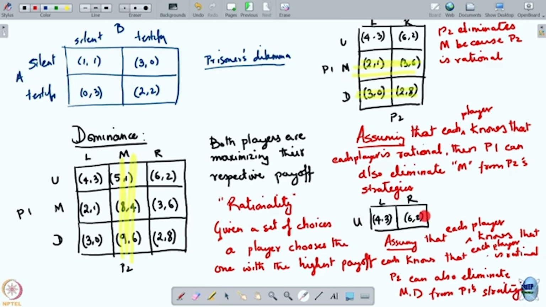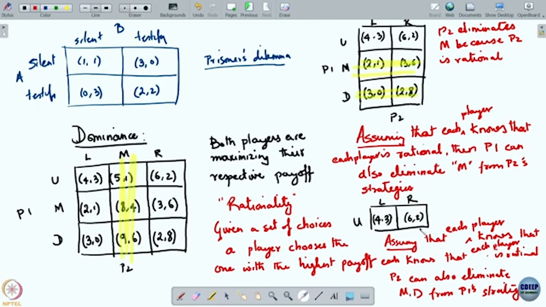He is obviously going to play U. And then you can use whatever argument you want: you can put one more level of assumption like this for player 2, or you can simply argue that this is basically not a game anymore, because there is just one choice for player 2, and therefore player 2 will obviously play R.